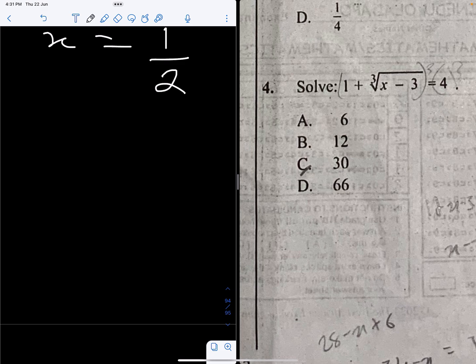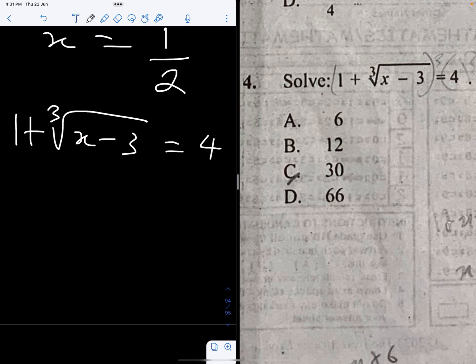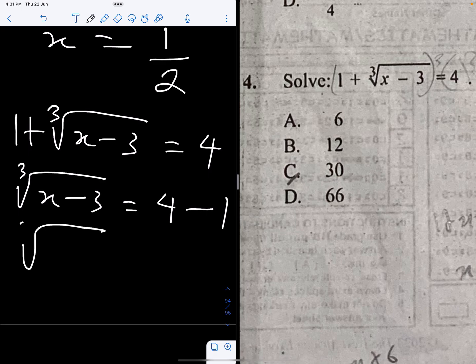Number 4, solve 1 plus cube root of x minus 3 equals 4. That simply means cube root of x minus 3 equals 4 minus 1. And from there we can go to cube root of x minus 3 equals 3.